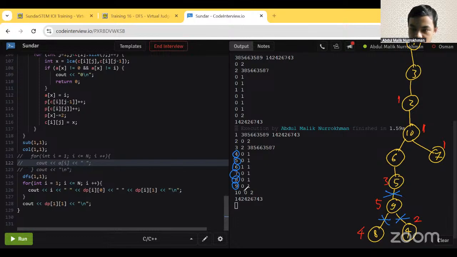How about 10? 10, of course, we cannot make it uncolored since it is colored. And there are two ways, between cutting this or this. So either cut this or cut this. Alright. Yes, there are two ways. It is still correct.